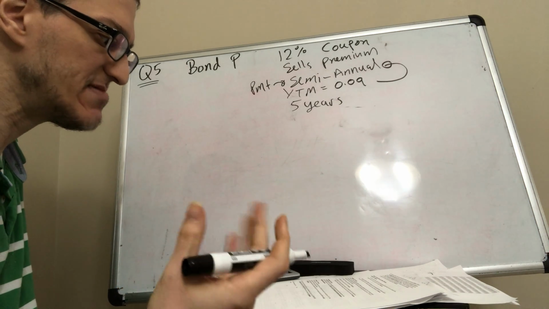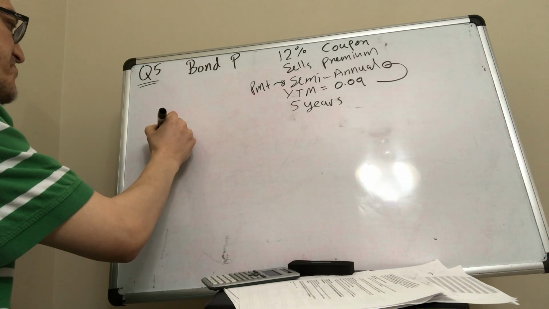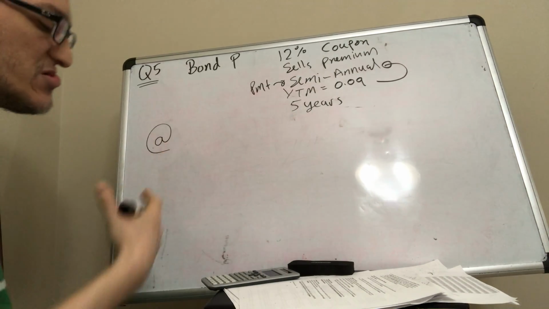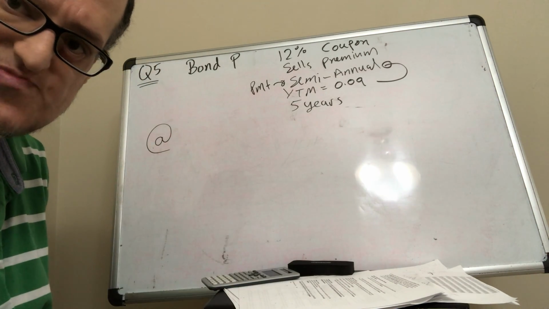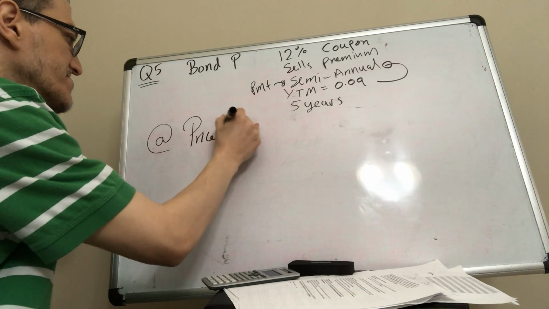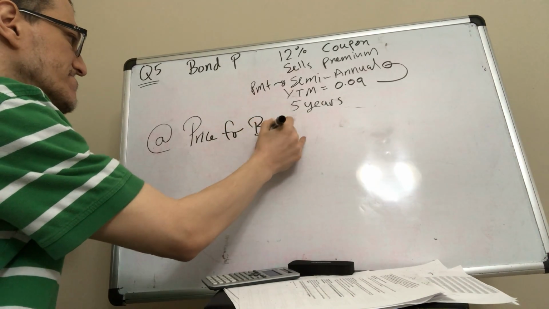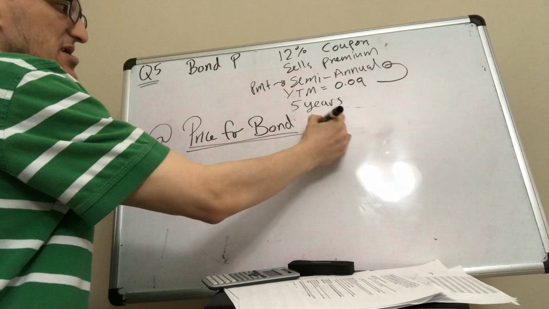So this is bond P. They want the current yield of the bond. To do the current yield, you need to find the price of the bond. We call it selling price.